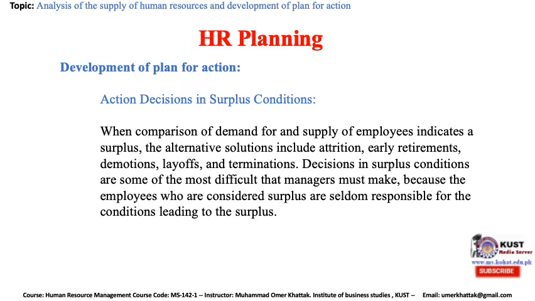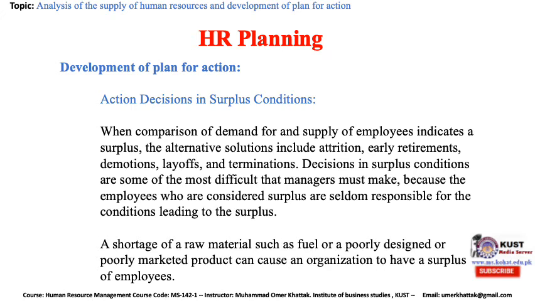Decisions in surplus conditions are some of the most difficult that managers must make because the employees who are considered surplus are seldom responsible for the conditions leading to the surplus. A shortage of raw material such as fuel, or a poorly designed or poorly marketed product, can cause an organization to have a surplus of employees.